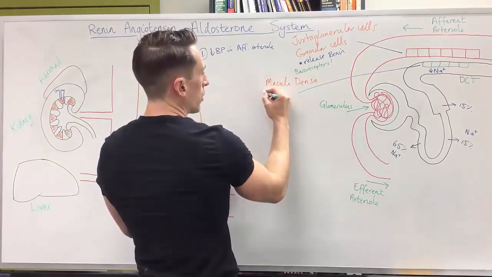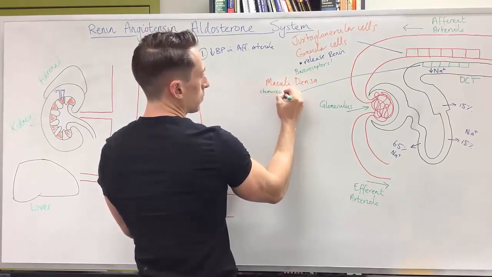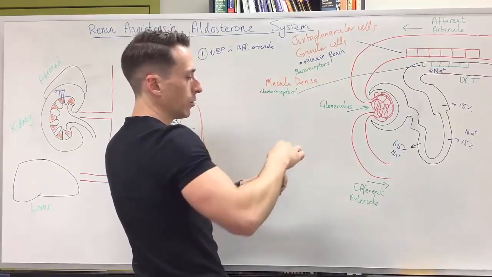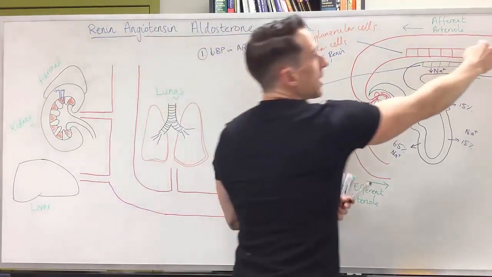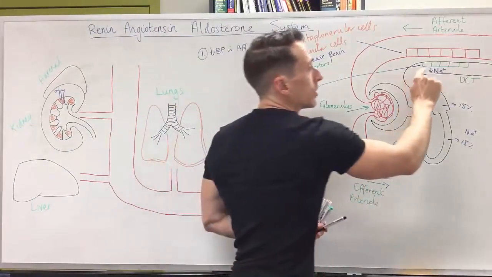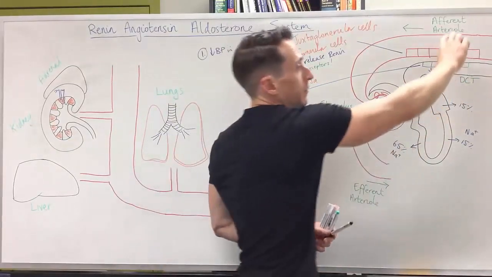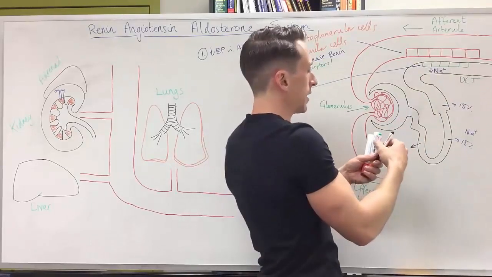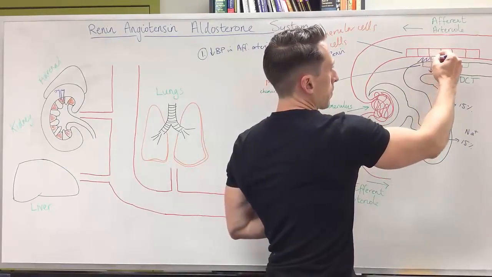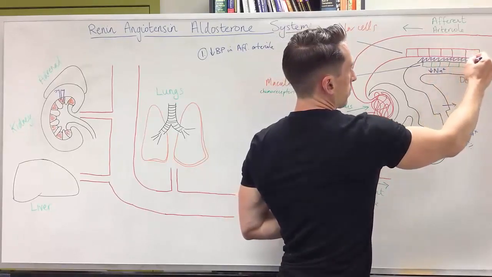They measure concentration, so they're chemoreceptors. And you can see that the afferent arteriole comes into close proximity with the distal convoluted tubule. They're very close together. In actual fact, they're connected by connective tissue.